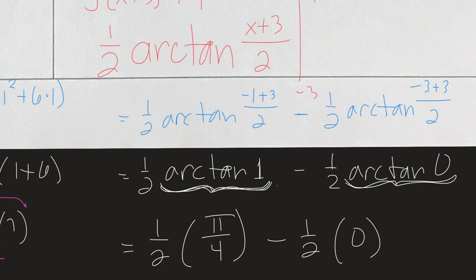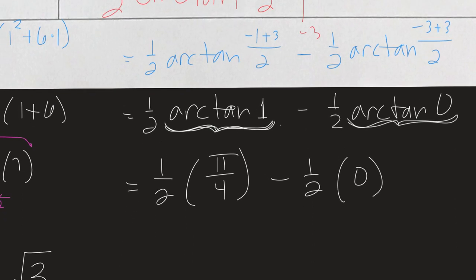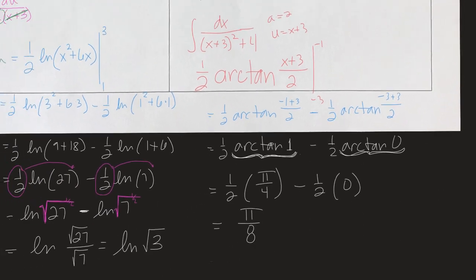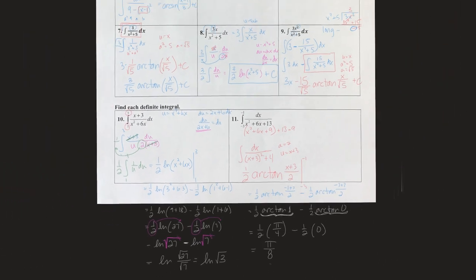And that happens at 0 radians or 0 degrees. So basically this is just pi over 8, half of pi over 4. Okay, and that is the first page of this review. There's a lot of stuff here. They're all antiderivatives. You can do U substitution or some type of an arc trig antiderivative.